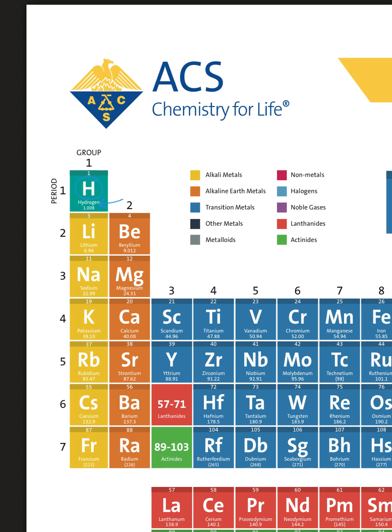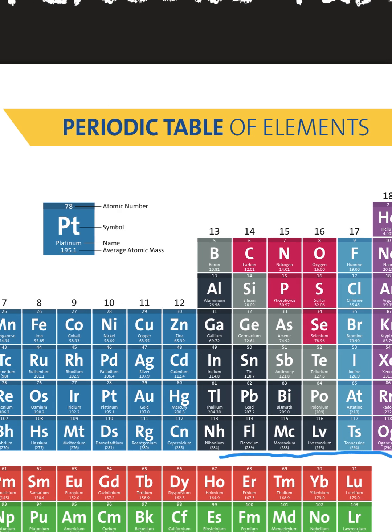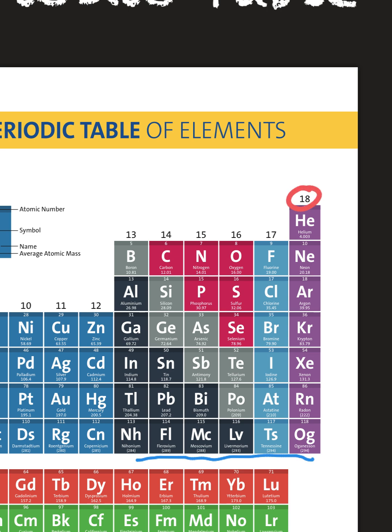You also then have these ways that we organize the periodic table. You have these things called groups, and groups are the same thing as columns. So you have group 1, group 2, group 3, 4, all the way over here to group 18. Those are the columns.